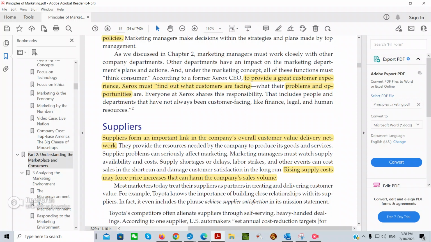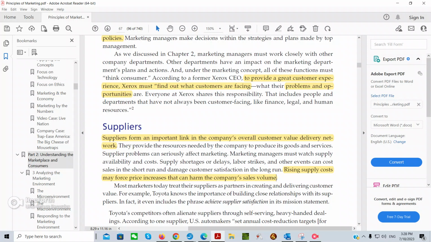Now, most marketers today treat their suppliers as partners in creating and delivering customer value, meaning the supplier is giving good products so that way the person can resell it to the customer and give good customer value because the person gave them a high quality product. For example, Toyota now knows the importance of building close relationships with suppliers.